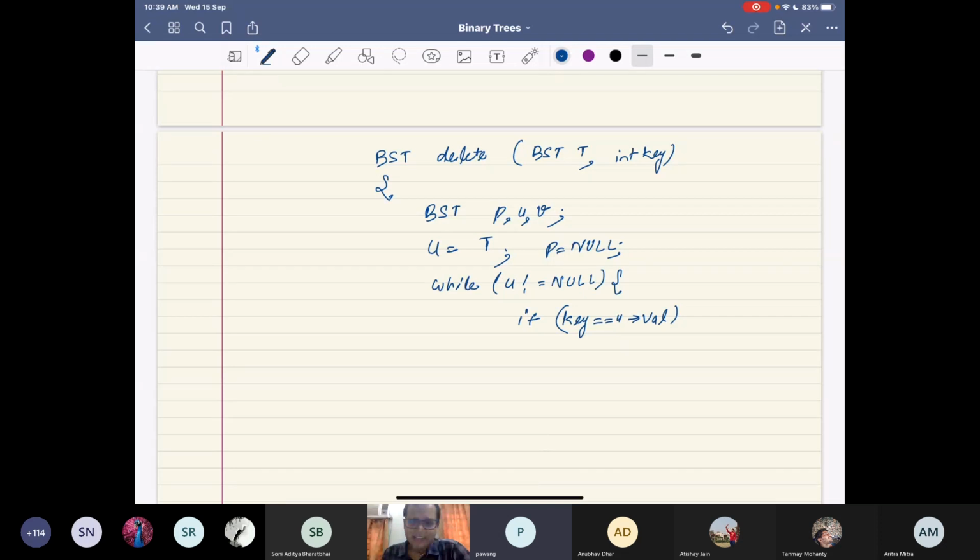So in this, what is being done? Case 1 and case 2 are handled together. That is, if it doesn't have a child or it has only a single child, they are handled together.